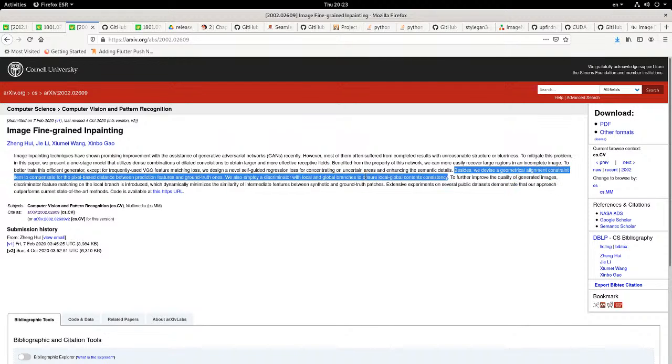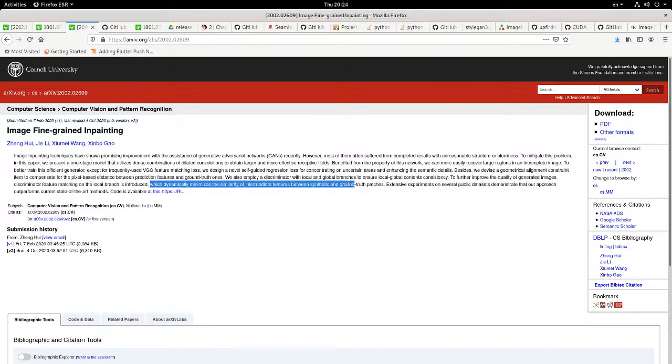Besides, we devised a geometric alignment constraint item to compensate for the pixel-based distance between prediction features and ground truth ones. We also employ a discriminator with local and global branches to ensure local-global contents consistency. To further improve the quality of generated images, discriminator feature matching on the local branch is introduced, which dynamically minimizes similarity of intermediate features between synthetic and ground truth patches. Extensive experiments on several public datasets demonstrate that our approach outperforms current state-of-the-art methods.